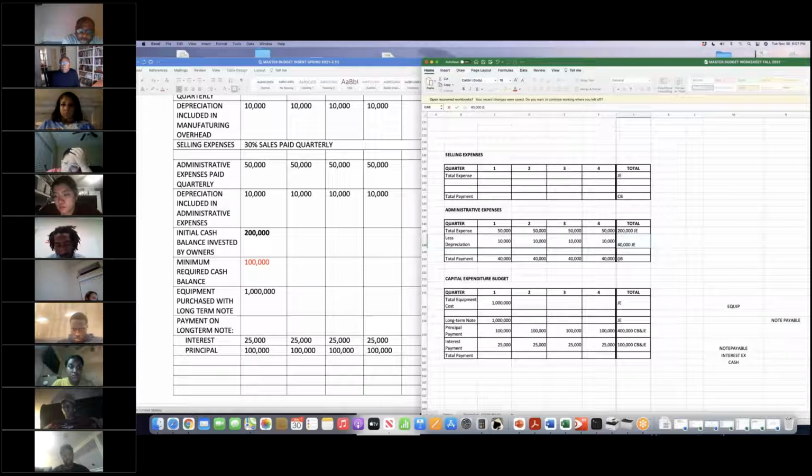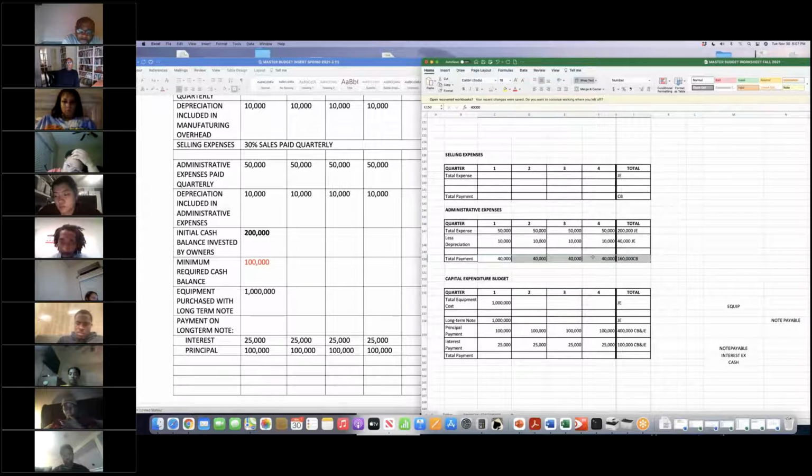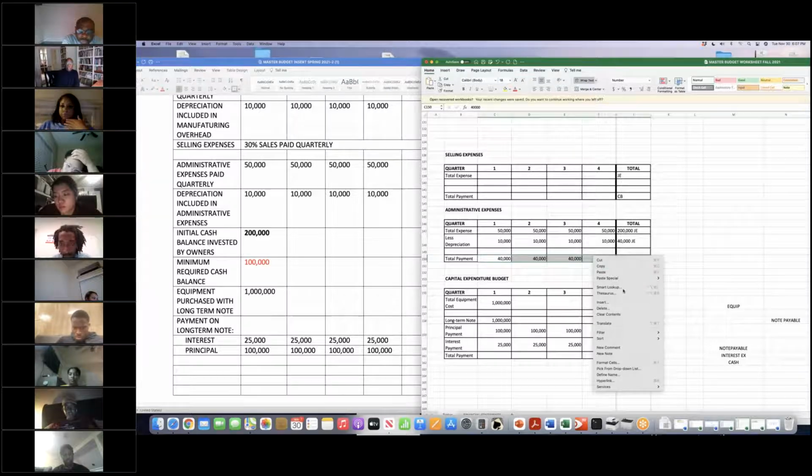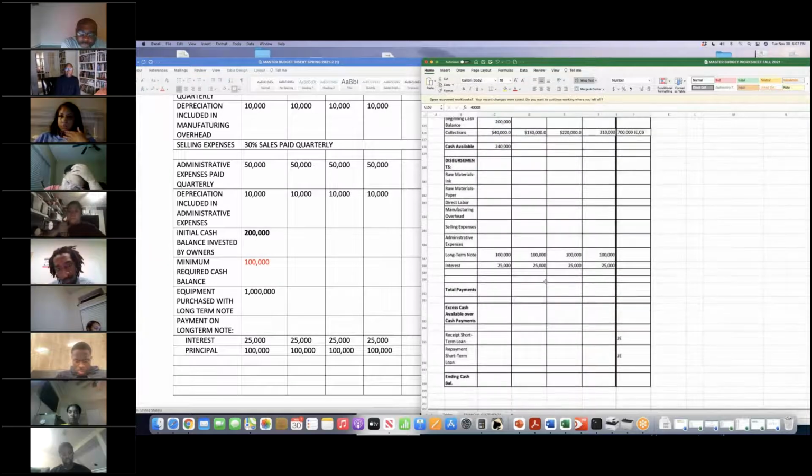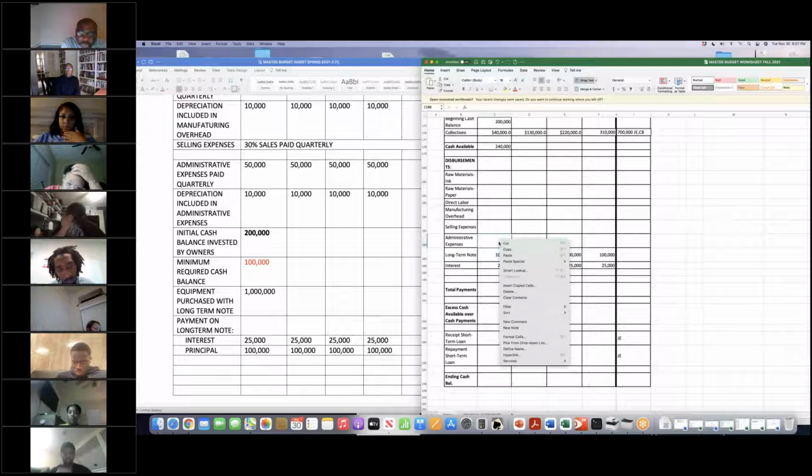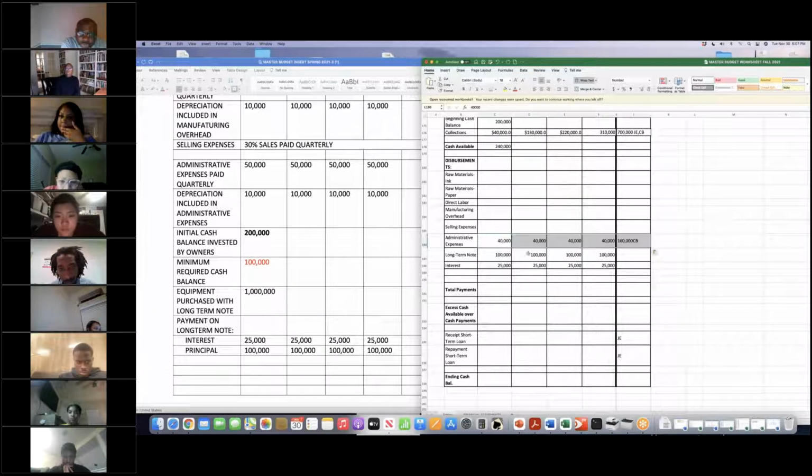And so the total amount that we have to pay is what, 160? So for administrative expenses, we can now copy these and paste them in.